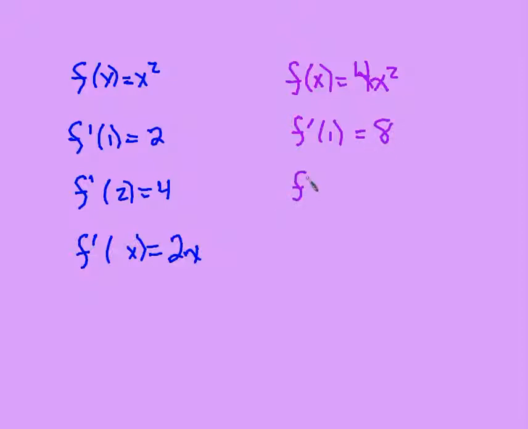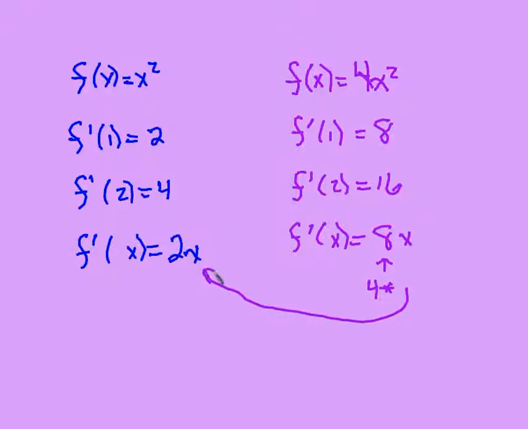The derivative when x is 2 is going to be 4 times as steep as it was over here, which is 16. And then in general, the derivative of the 4x squared function is going to be 8x. And this is 4 times that.